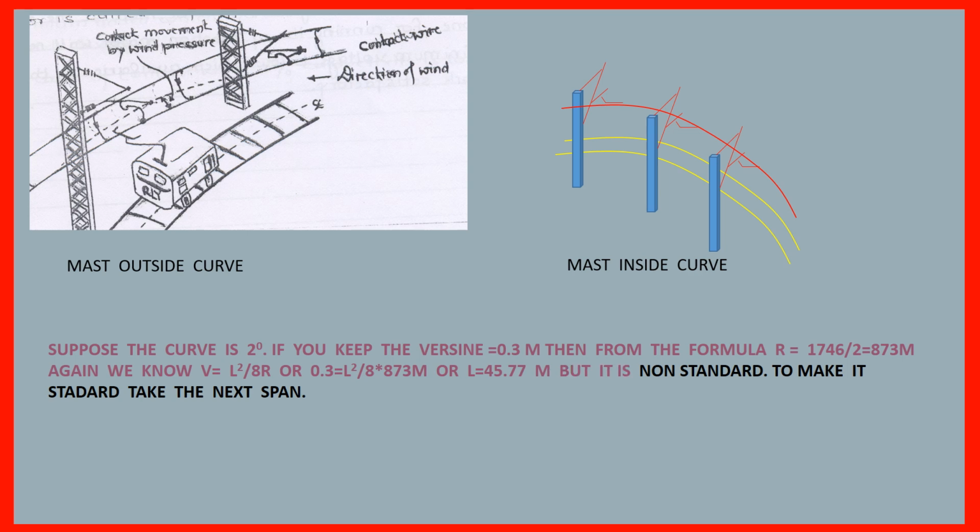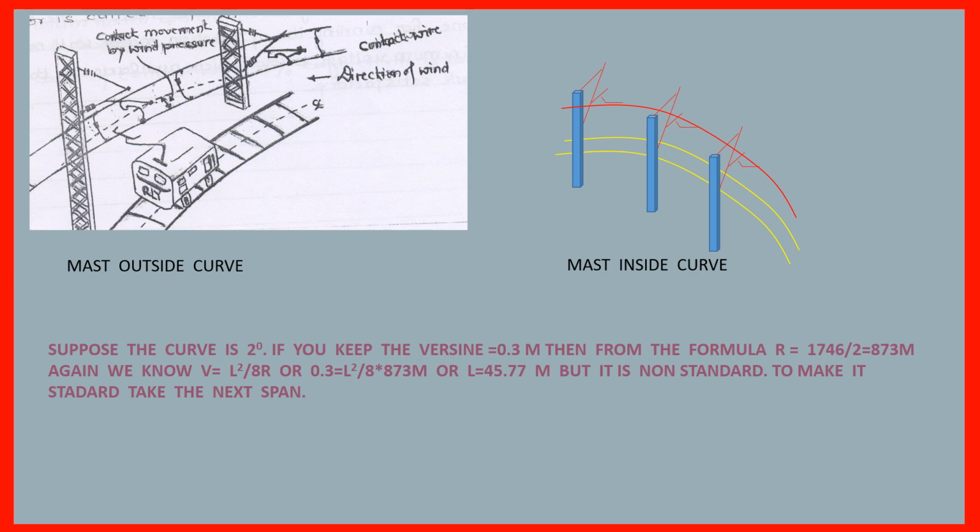Here theta is equal to 2 degree, so R is equal to 873 meter. Again, we know versine V is equal to span square divided by 8R, or 0.3 is the versine, span we have to find out, 8 into R is equal to 873. So L is coming around 45.77.